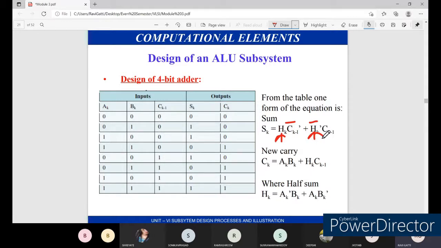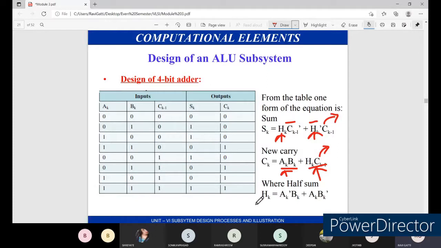Okay, and what about your carry? The carry is Ak into Bk, which is the output of the first half adder, plus Hk into Ck minus 1, which is the output of this half adder multiplied with your Ck minus 1. So you will be getting this as a carry and this as a sum.